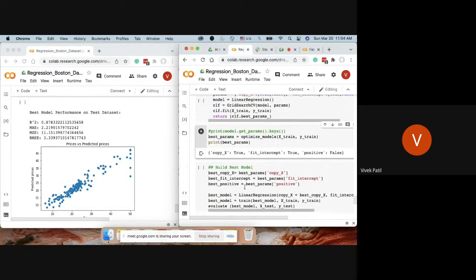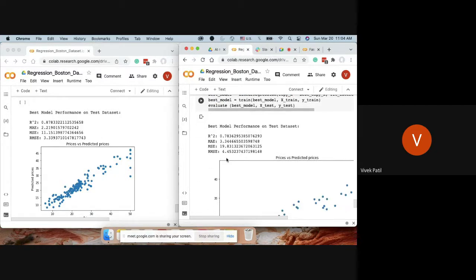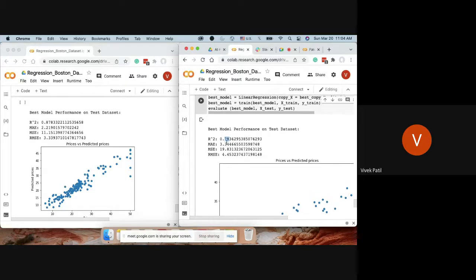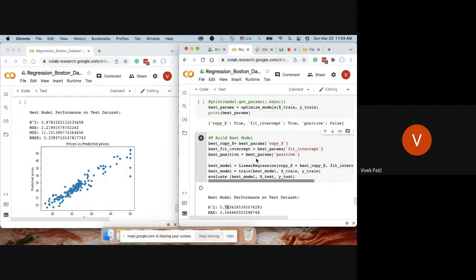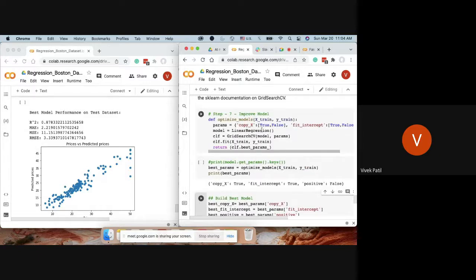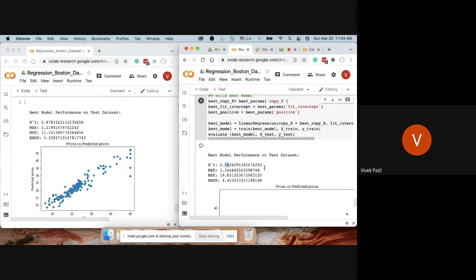I entered those, and the R square value was still the same, 0.78. So I think that when the linear regression model was first implemented, it already chose the best parameters, so the parameters I set after the improvement were the same as before.